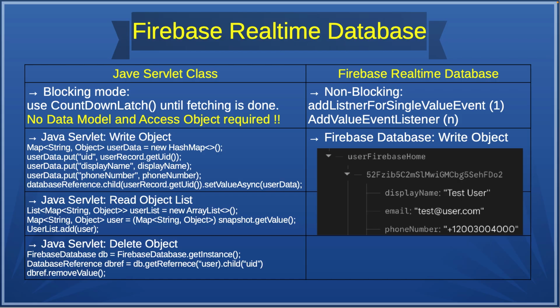And you'll see the Firebase data written object shows users, Firebase home, and UID.